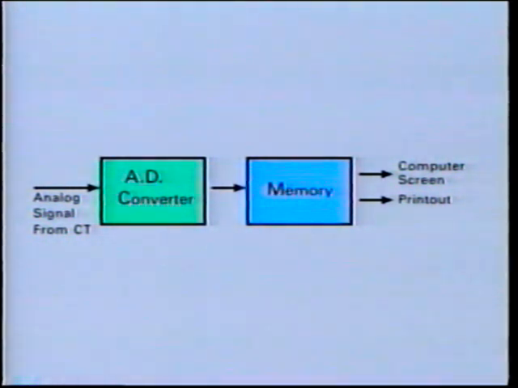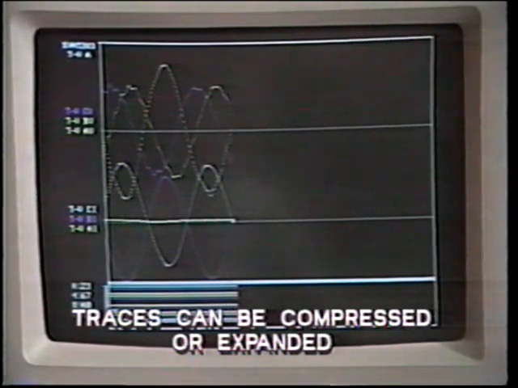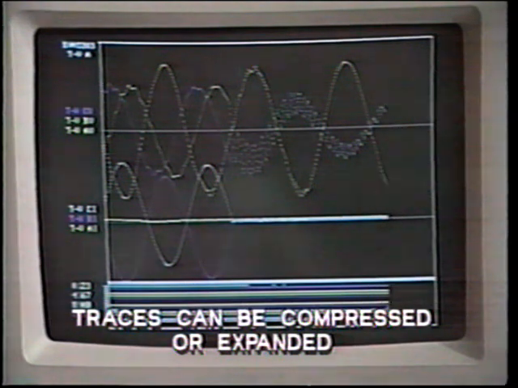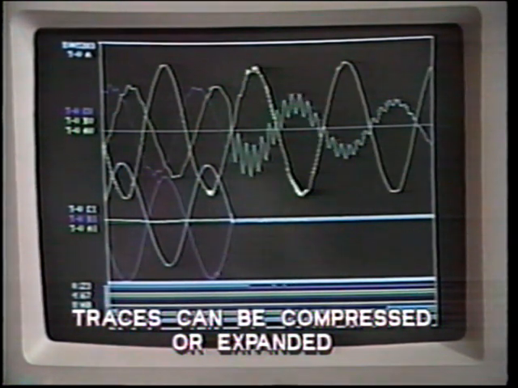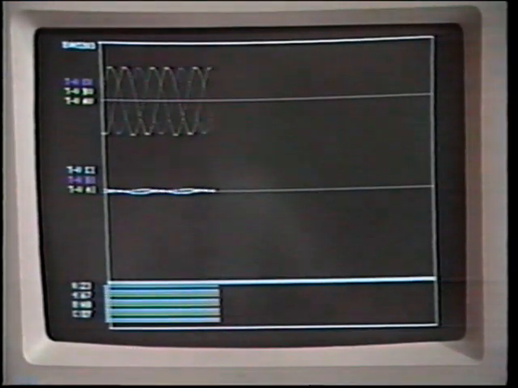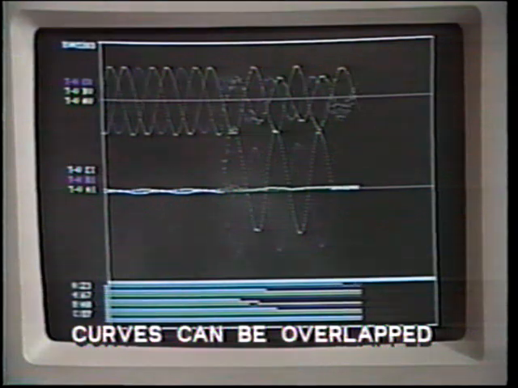The information can be viewed on the computer screen or printed out as required. Usually, the screen traces can be compressed or expanded in both time and amplitude so that a variety of signals can be compared. For precise examination, the curves can be overlapped.